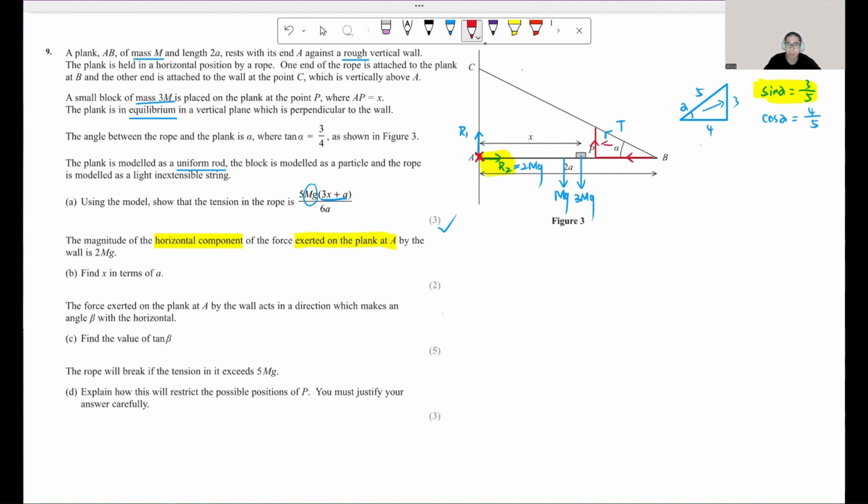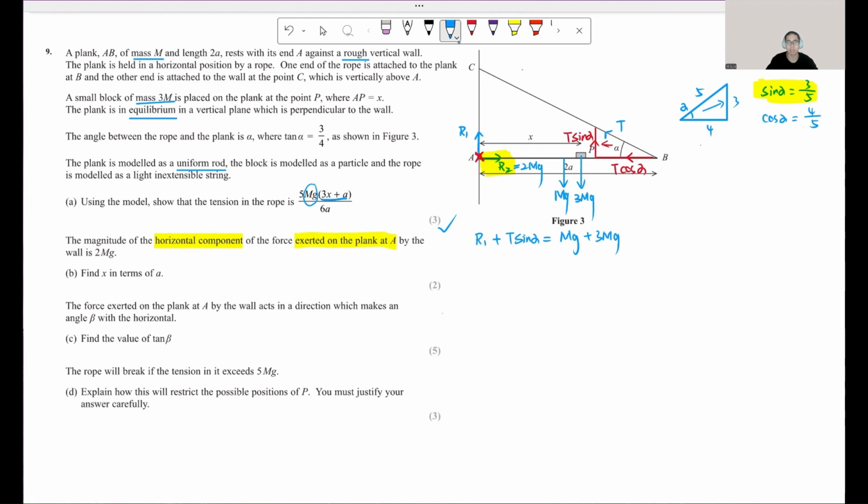So this is the vertical component and this is the horizontal component. That would be the opposite, so tension times sine alpha, and this would be tension times cos alpha. So two equations. First equation would be up equal to down. R1 goes up, and then tension times sine alpha also goes up, and then mg plus 3mg goes down.